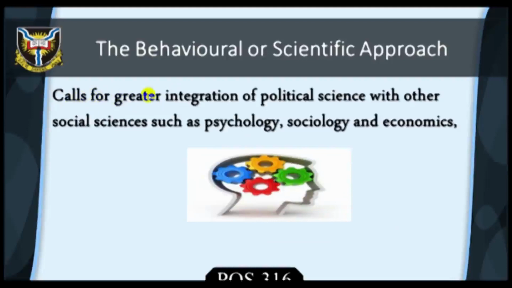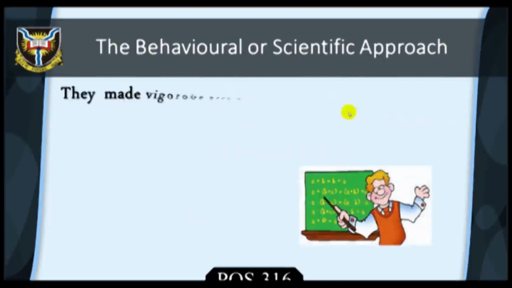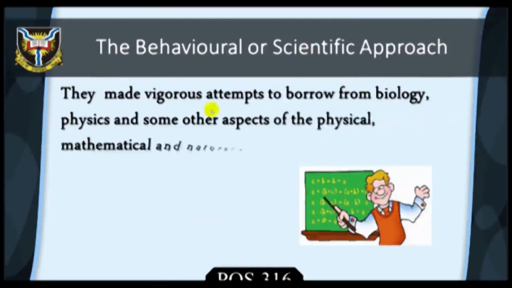Behavioralists also called for greater integration of political science with other social sciences, such as psychology, sociology, and economics, while they also made vigorous attempts to borrow from biology, physics, and some other aspects of the physical, mathematical, and natural sciences.